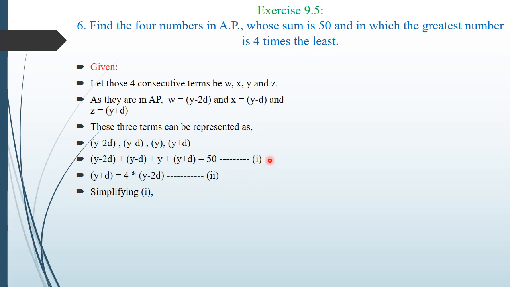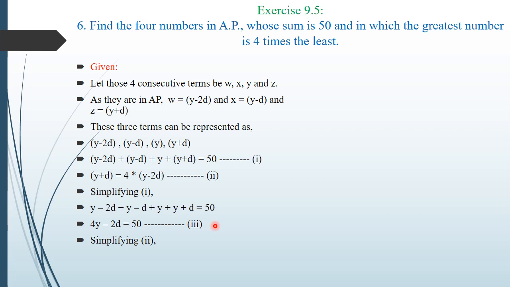Now we'll simplify these two equations and try to get those four numbers. Let us see how we can do that. First, simplifying equation 1. Here I am opening the bracket and trying to simplify as much as possible. Here 4 y's are there. I'll just write 4y minus 2d minus d plus d. This plus d and minus d get cancelled. Minus 2d remains as it is, and equal to 50.